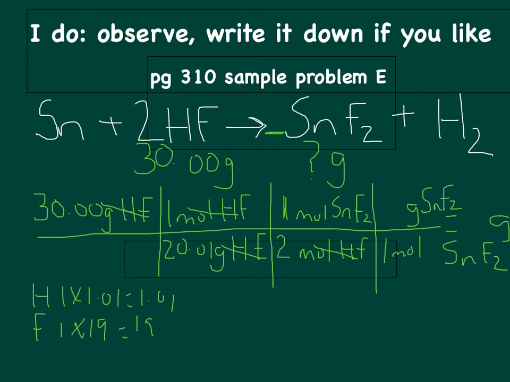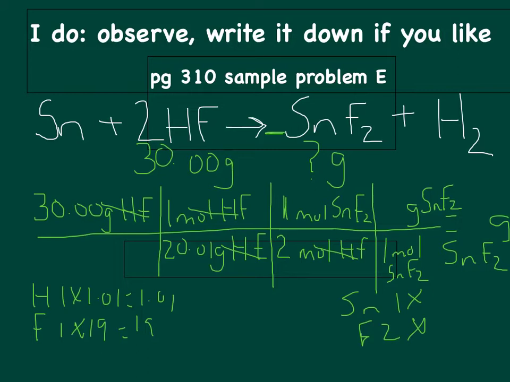and that's how many grams are in 1 mole SnF2. Alright, so now I have to go off to the side and calculate the grams of SnF2. So we have 1 Sn and we have 2 Fs. So we look up Sn and we look up F, and let's see.